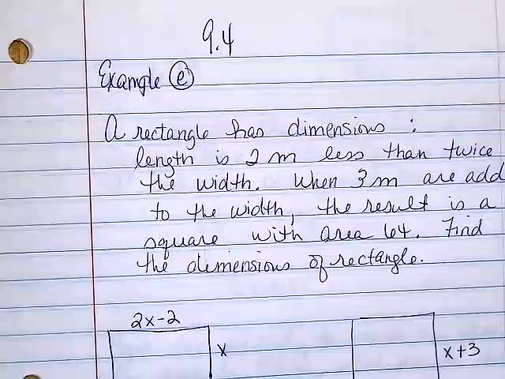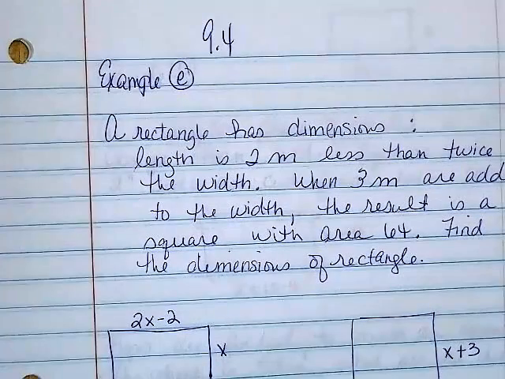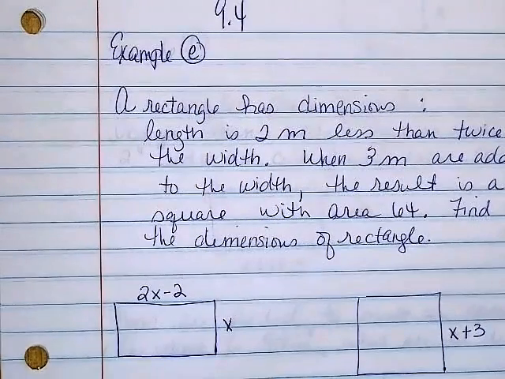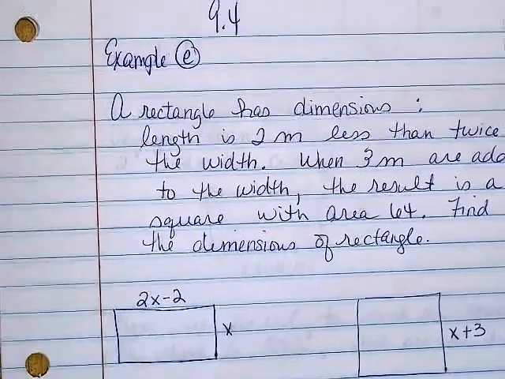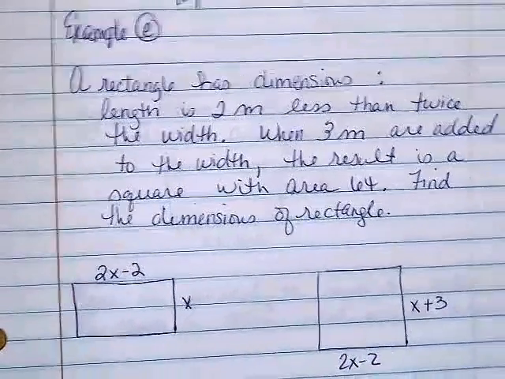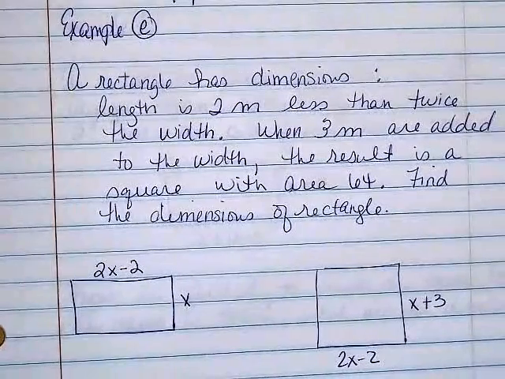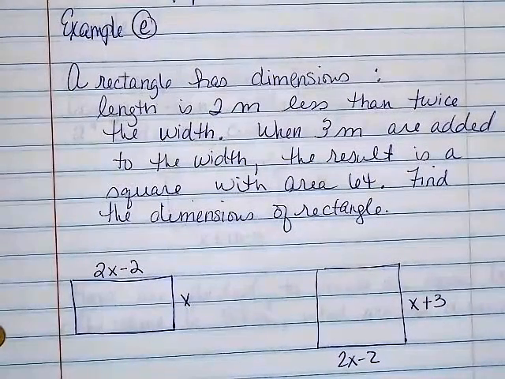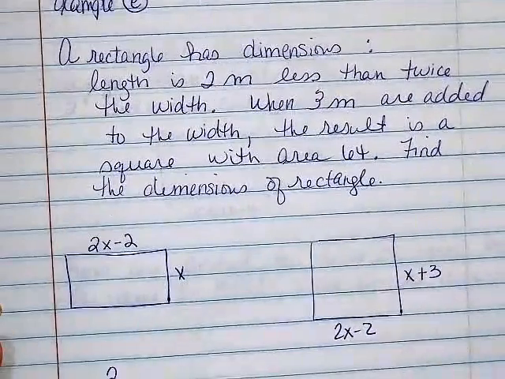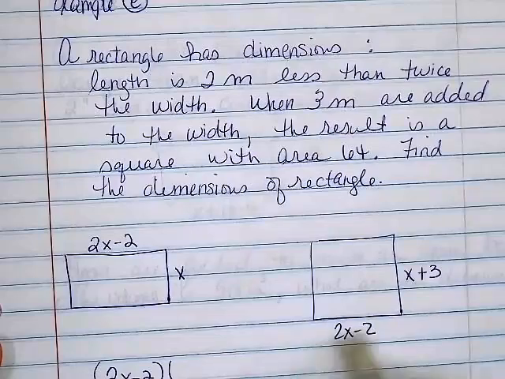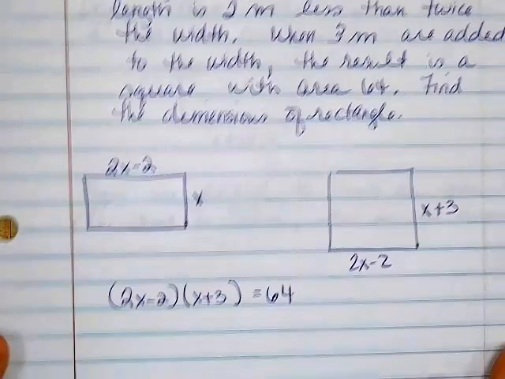Okay, a rectangle has dimensions: the length is 2 meters less than twice the width. Here's my original picture right here. When 3 meters are added to the width, the result is a square with an area of 64. So this is my square. Its area, which means if you multiply the length times the width, it's equal to 64.